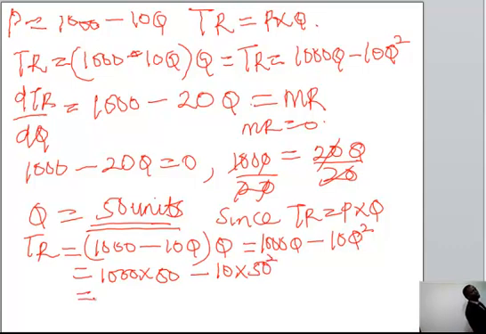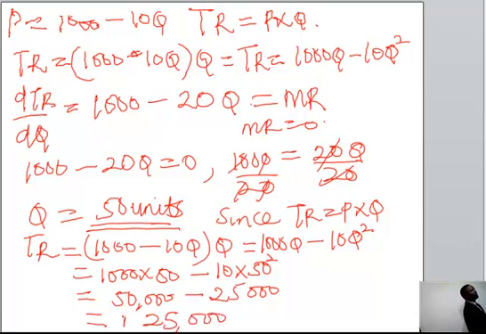So we have this to be 50,000 minus 25,000. So the final answer is 25,000 naira. The total revenue maximized is 25,000 at the level of 50 units of output.